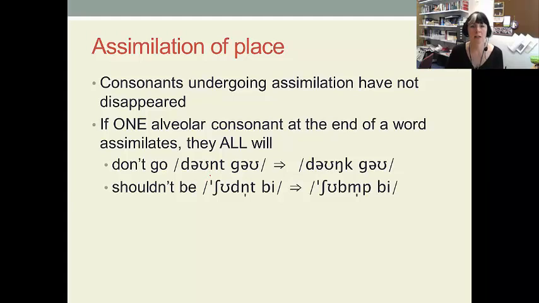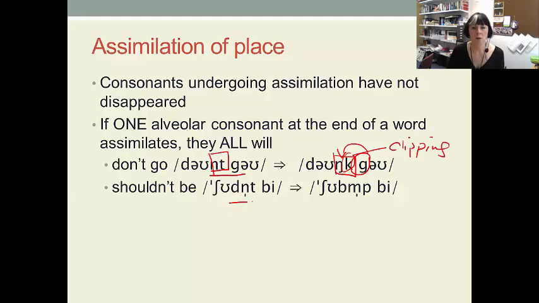So in the phrase don't go, we actually have two alveolar consonants here, and they are likely to assimilate. Both of them are likely to assimilate. So if I said this in rapid speech, it would be don't go. And the voiceless plosive here is still doing the clipping, so we need it there, it's not disappeared.